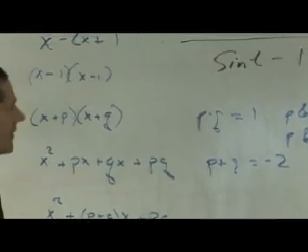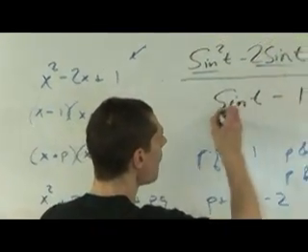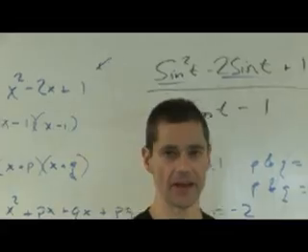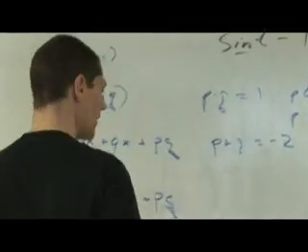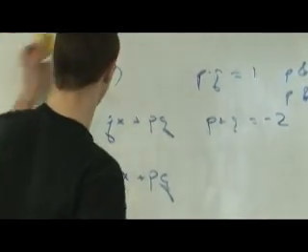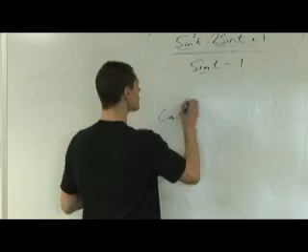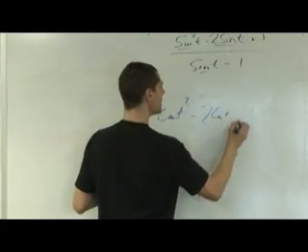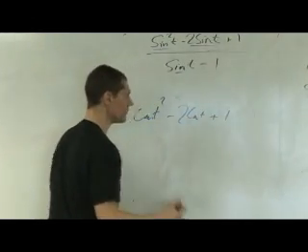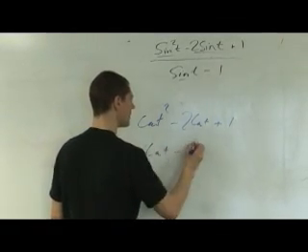And this comes out. It's going to become increasingly important to look at form and not worry so much whether it's sine or anything else. If you end up seeing the rather ridiculous statement cat squared minus 2 cat plus 1, and you want to factor that, this is simply cat minus 1 squared.